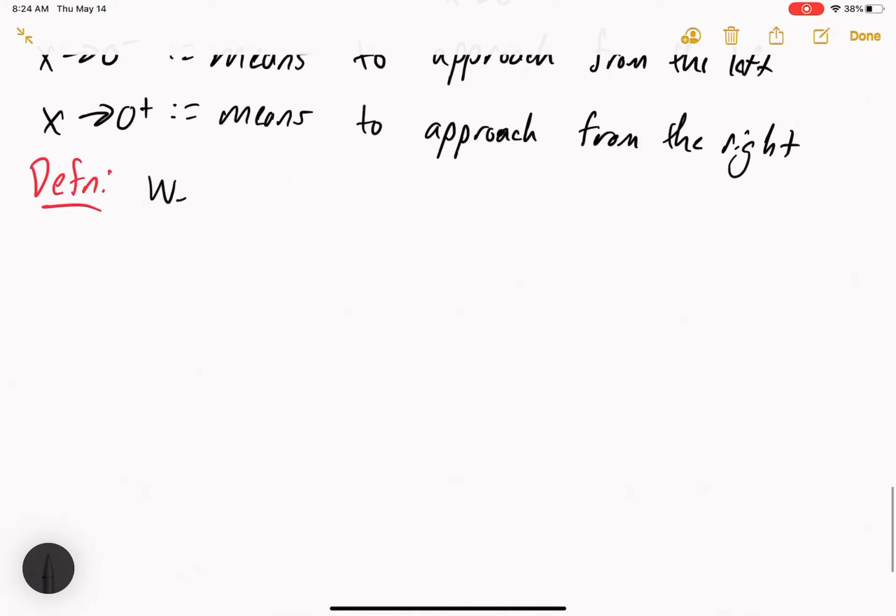So we write the limit as x goes to a from the left. Oops, not a to the negative 1.